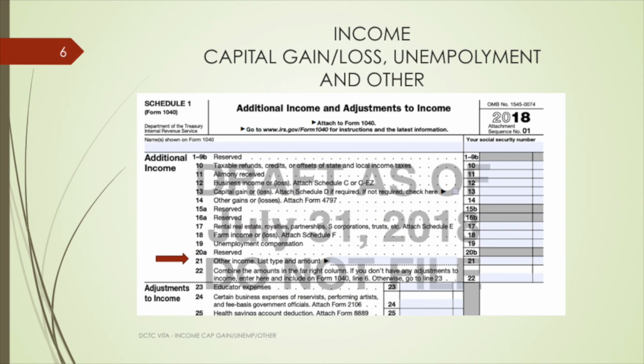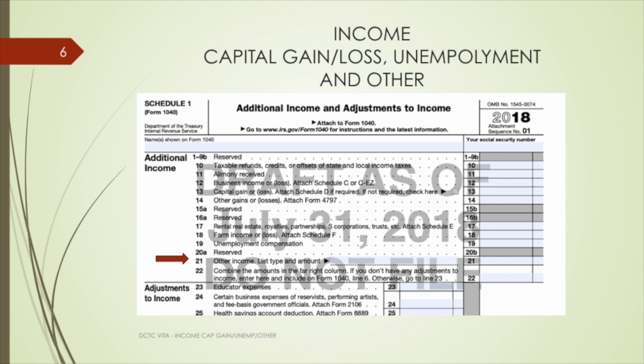Line 21 of Schedule 1 captures taxable income not reportable elsewhere on the tax return. These could include gambling winnings, which are fully taxable. Losses from gambling are deductible on Schedule A as an itemized deduction item, only up to the amount of the winnings reported. You may get that question quite often in the state.